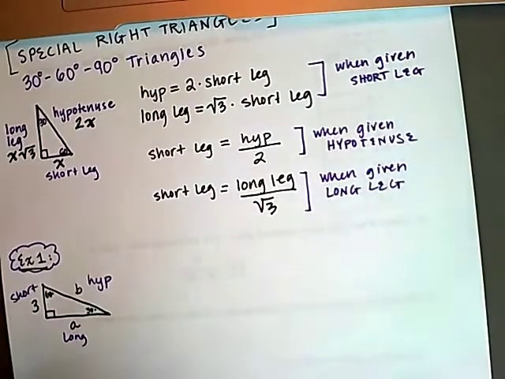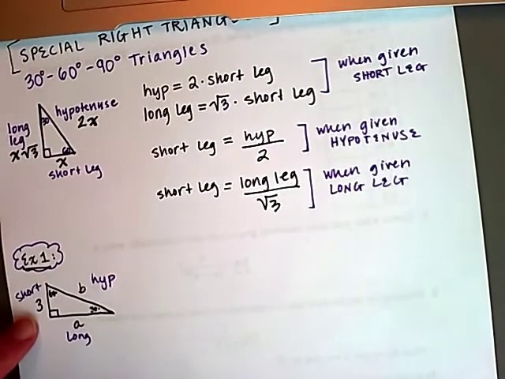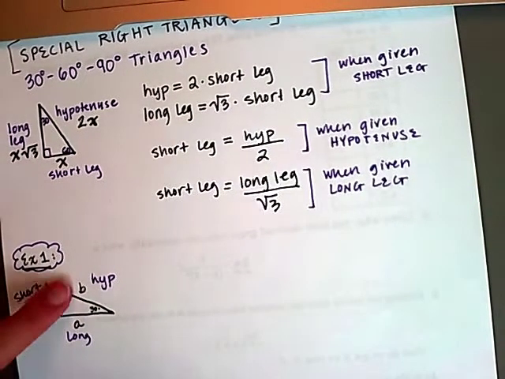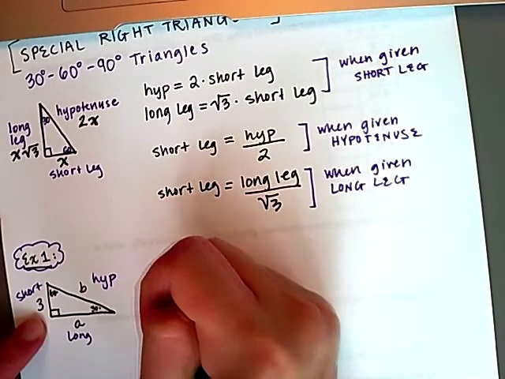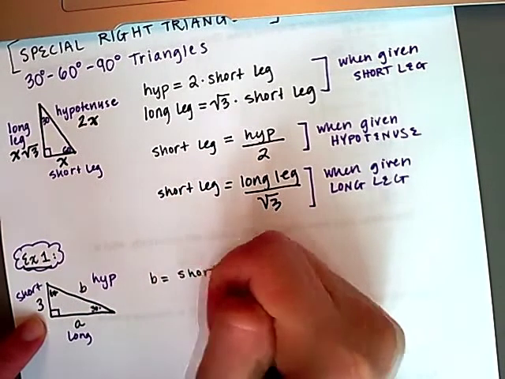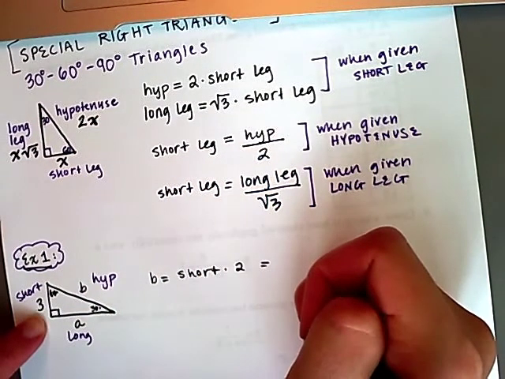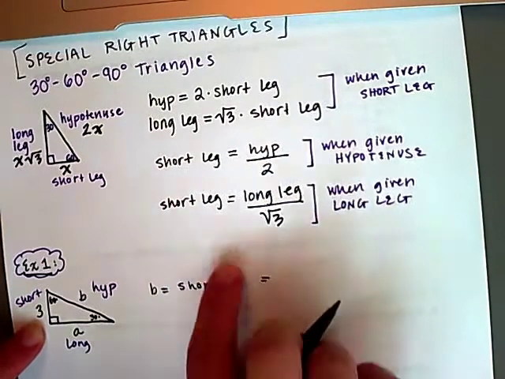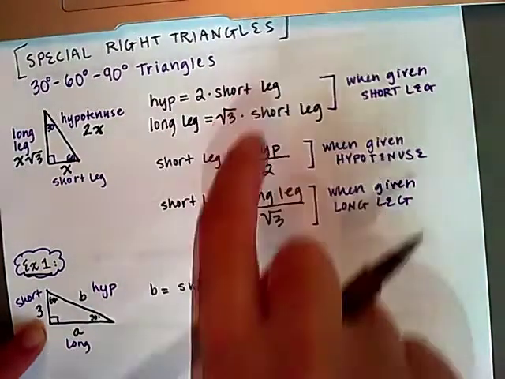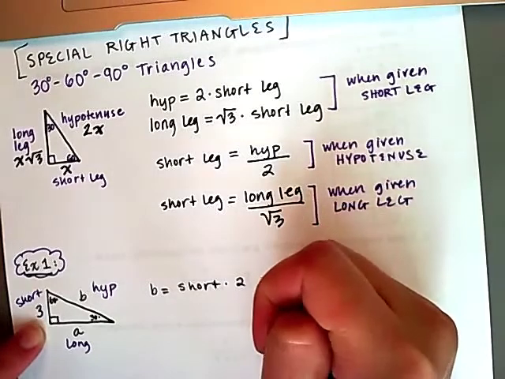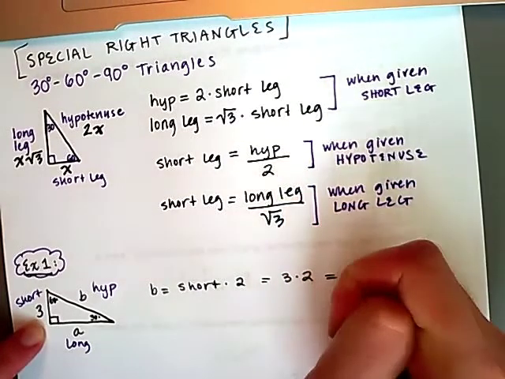If I'm given the short leg, to find the hypotenuse, b, it's going to be short leg times 2, and I'm getting that from essentially this formula, 2 times the short leg. Short times 2, same thing. So that would be 3 times 2, or 6.